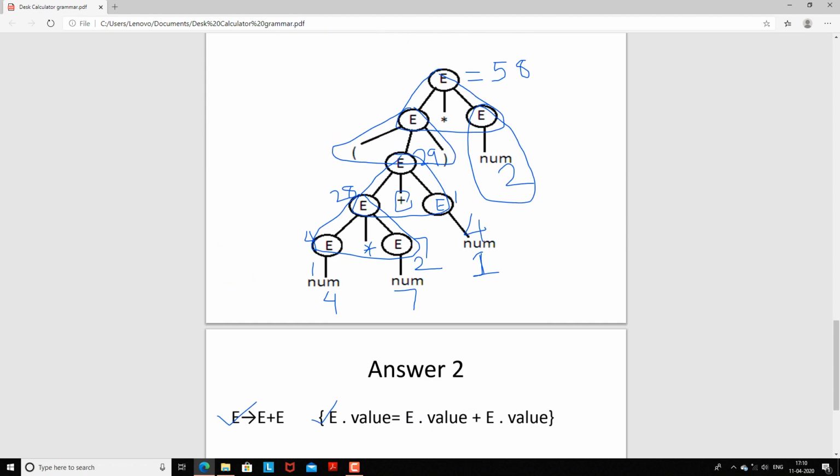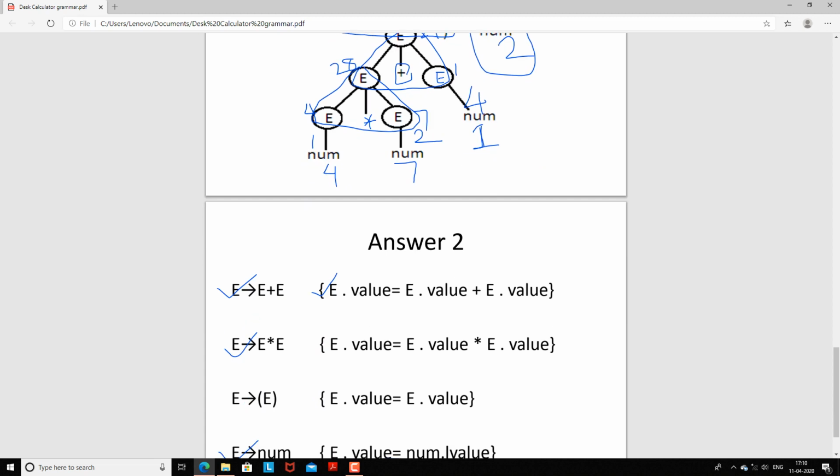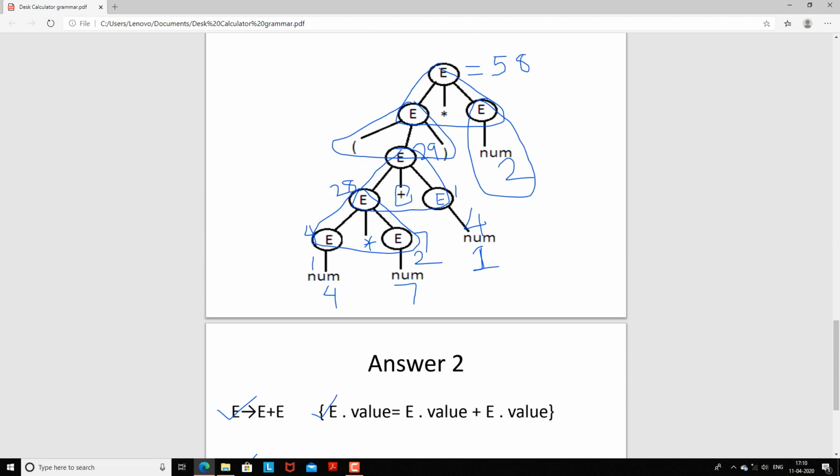Now here the value is 29, and the same 29 value is transferred here, because between this level and that level no additional operation is going to be performed. So the value is not changed from this node to this node. It means after applying this reduction, E tends to left parenthesis E right parenthesis, the same E value is assigned here.